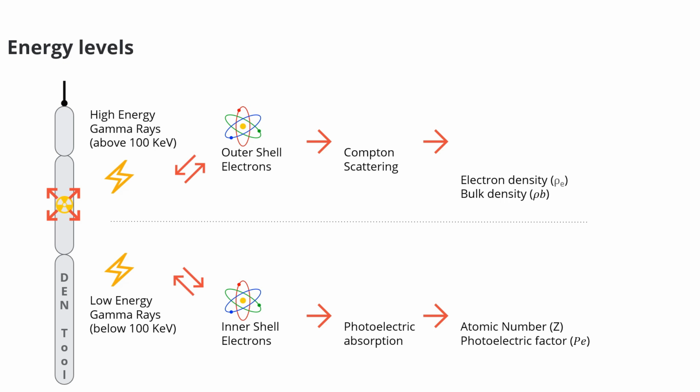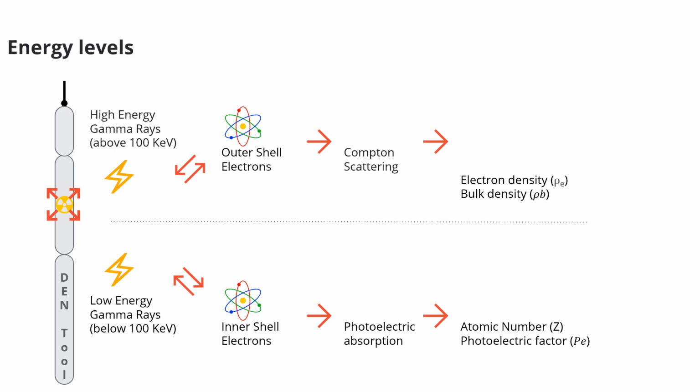It is important to understand that gamma rays emitted from the radioactive source interact with the formation basically in two ways. High energy gamma rays above 100 keV collide with outer shell electrons in the formation, losing energy in a process called Compton scattering.